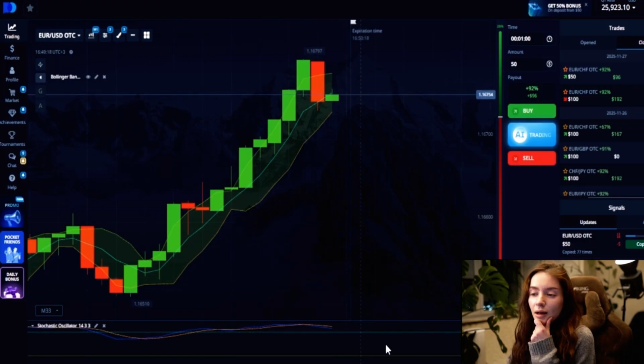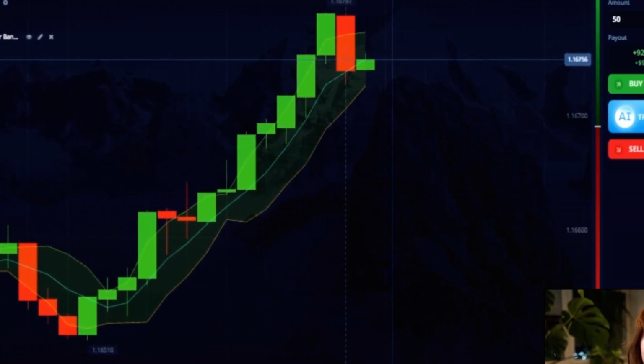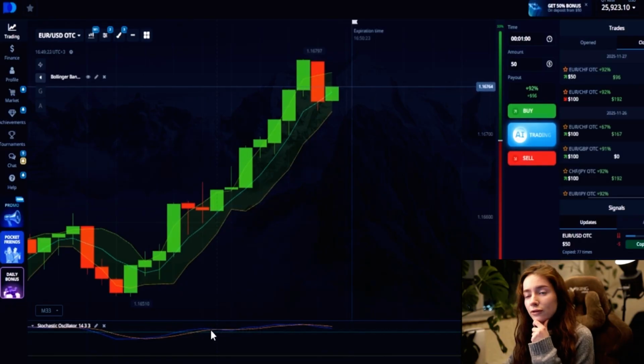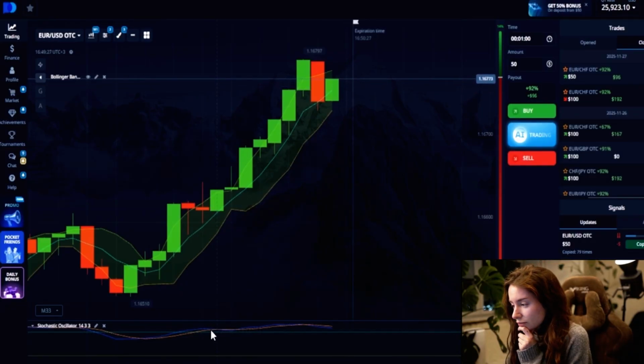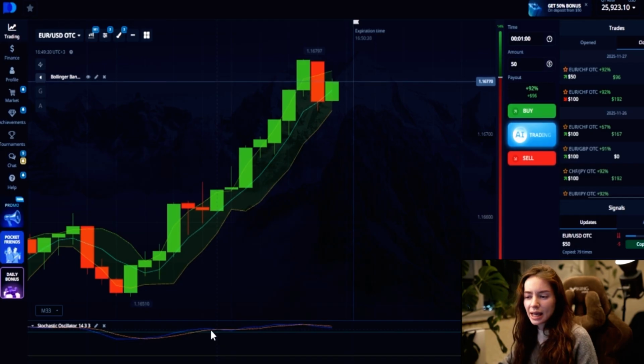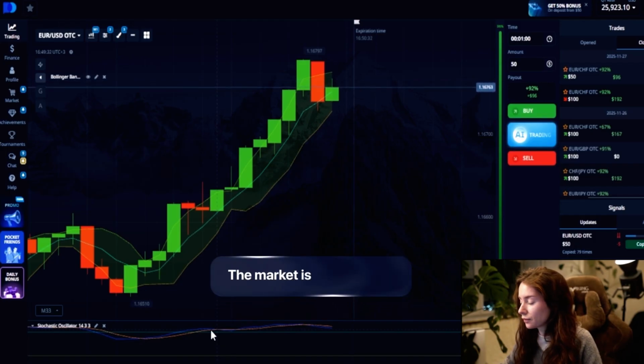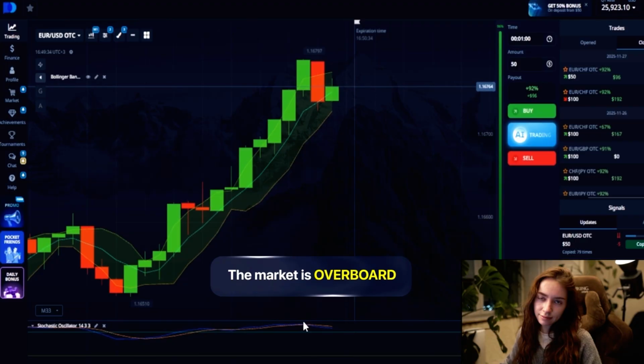Again, looking at the situation now, we see a fairly long period above 80, which indicates that the market is overbought.